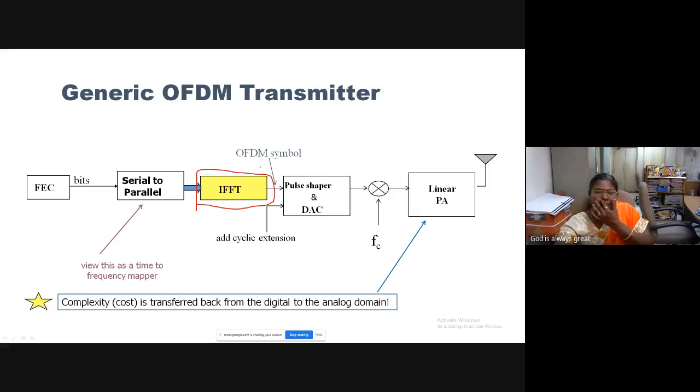Once your IFFT is done, you further operate on that signal before transmission. You add a cyclic prefix, do windowing, and then upconvert it to the required carrier frequency which can be transmitted over the wireless channel, then amplify the power of the signal and transmit using your wireless transmitter.